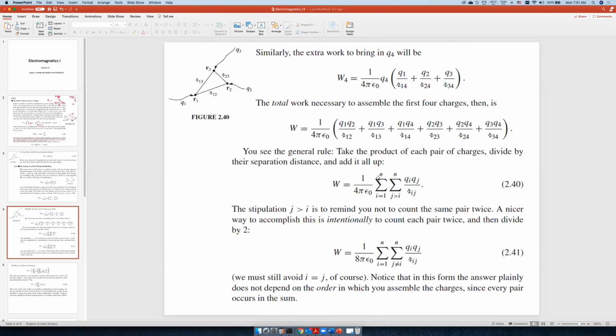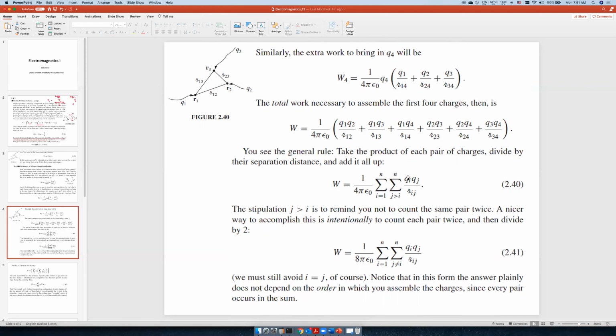And be careful that the first index i is from 1 to n. The second index is j, where j is greater than i, from i plus 1 to n. This j greater than i is to remind you not to count the same pair twice.